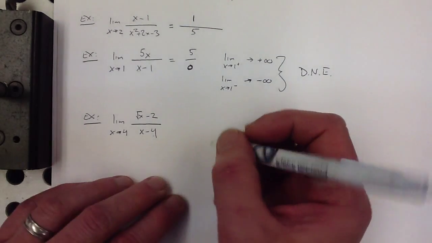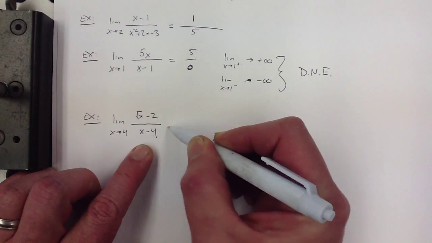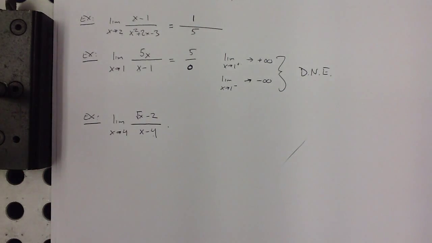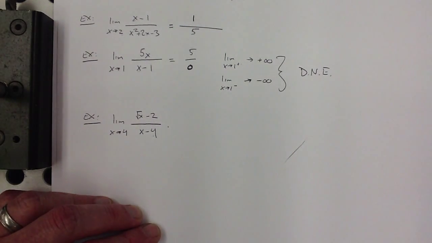So you need to do some algebra. And again, what do you think? Maybe pause the video for a second and think about what you might do to this. You can't factor and cancel, but there's another algebra trick or skill that you have that is the right one to apply here. Pause the video. Think about it.